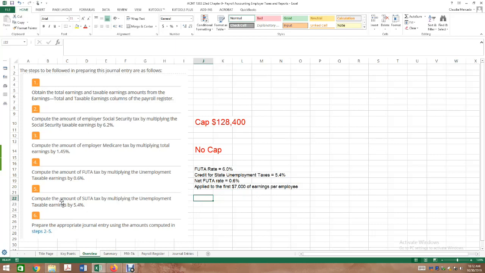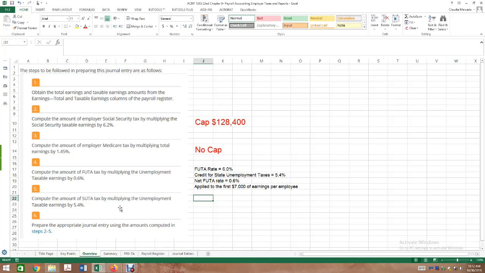And then we're going to compute our SUTA tax by multiplying the taxable earnings by 5.4%. So that's the amount that they're using here for SUTA. Now, SUTA does vary.